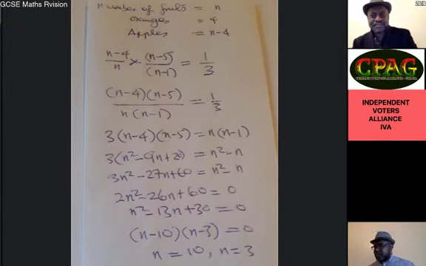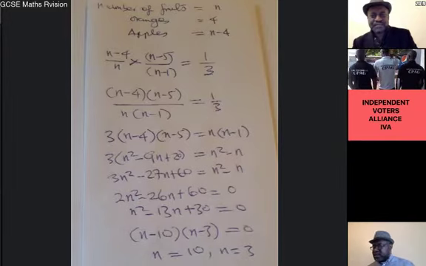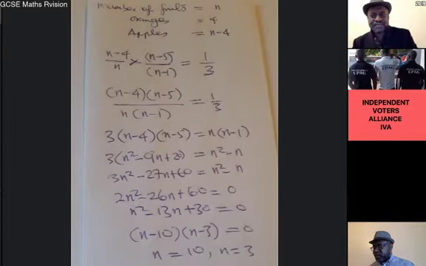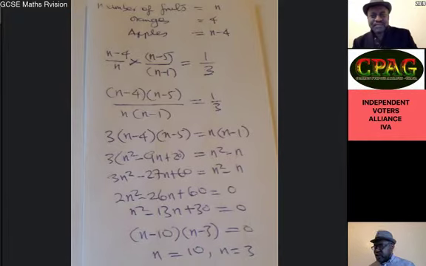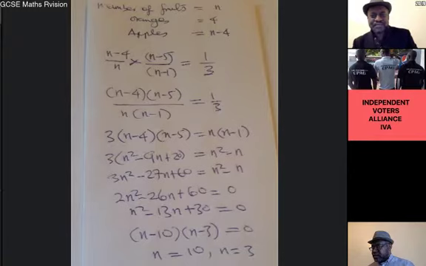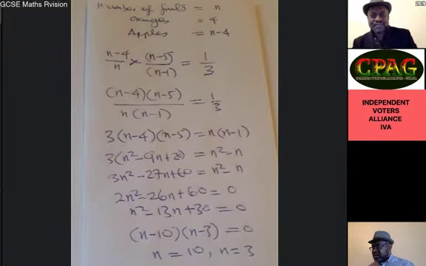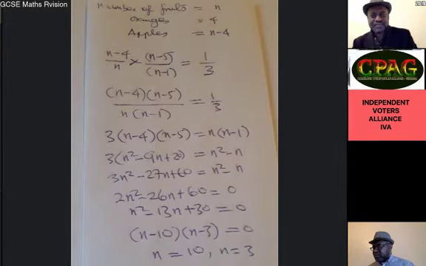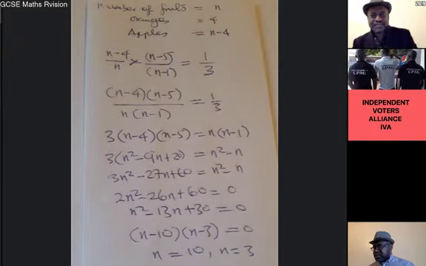Then you bring all of them to one side, you multiply through by the 3, then you remove all the brackets, then you bring all to the same side, you're going to get 2n squared minus 26n plus 60 is equal to 0. Then you divide through by 2 to simplify it, you get n squared minus 13n plus 30 is equal to 0.